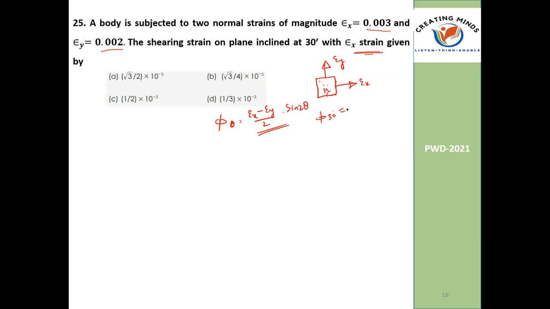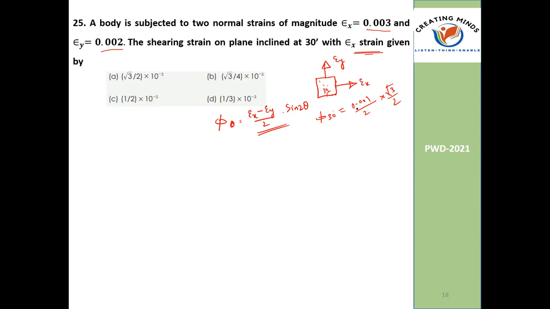If you solve this, you get 0.003 minus 0.002, which means 0.001, divided by 2 into sine 60. What is sine 60? Root 3 by 2. Sine 60 is root 3 by 2.